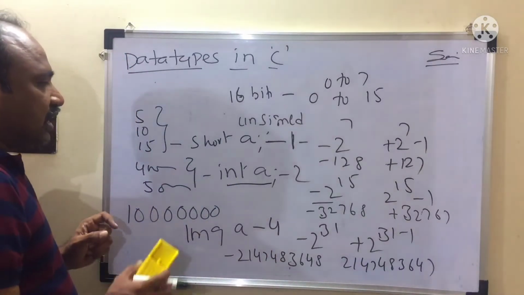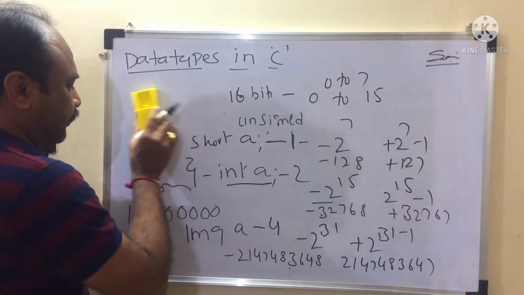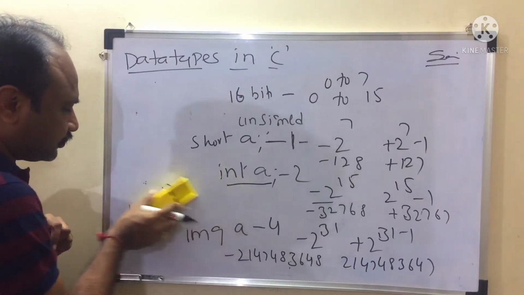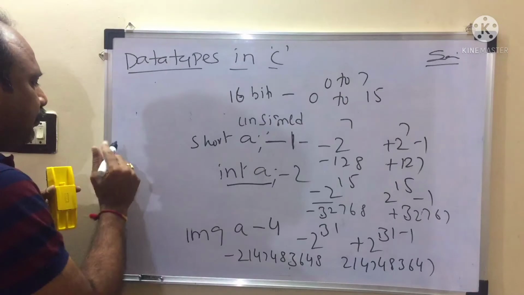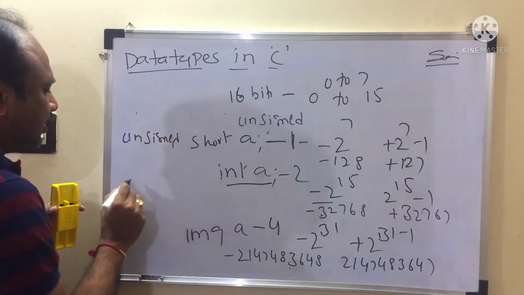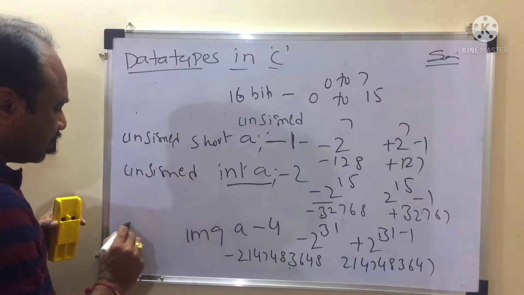Okay, coming to unsigned integers. If you declare this as unsigned short a, we should add unsigned before short a. Here unsigned, here also unsigned.